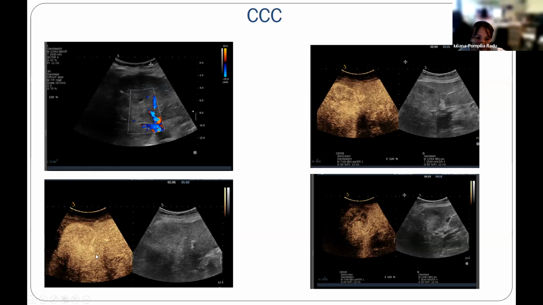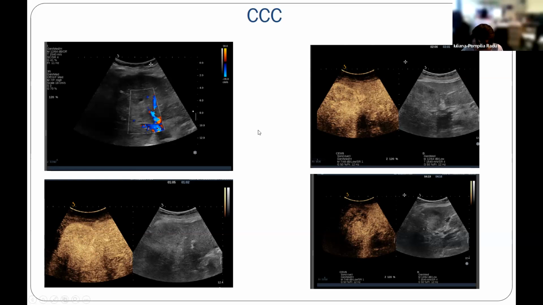After the administration of the contrast, the lesion is hyper enhanced, but as I told you, the time of washout is very important. It starts to wash out very fast, and you see the central part is accentuated, and in 4 minutes we still have in the periphery a bit of slow hyper enhancement, if you have a bit of imagination, but the central part is hypo enhancement, which is the washout.